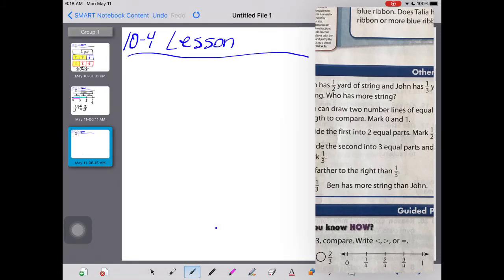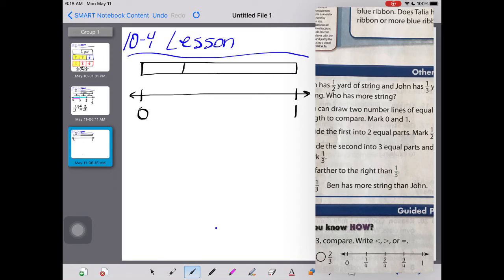So the way to do that is you want to draw a number line for Ben. So I'm going to draw a number line here, and I'm going to have 0 and 1. Okay, so all the way will represent 1 yard. 1 yard, the entire way, the distance of string.